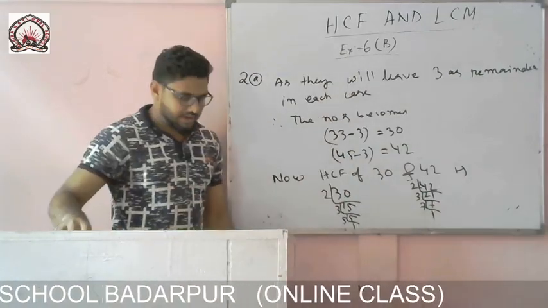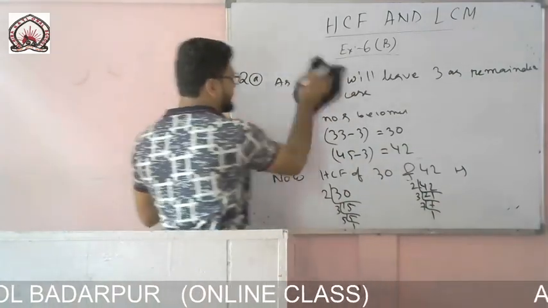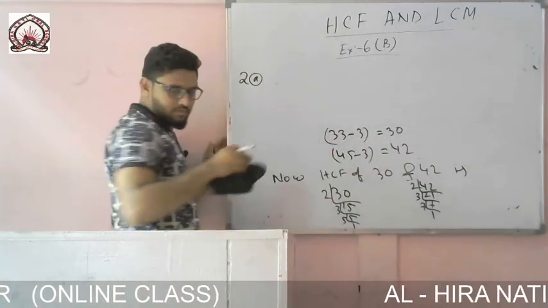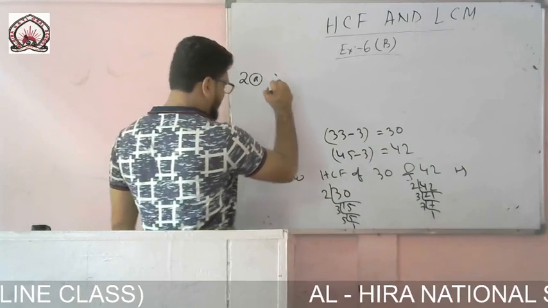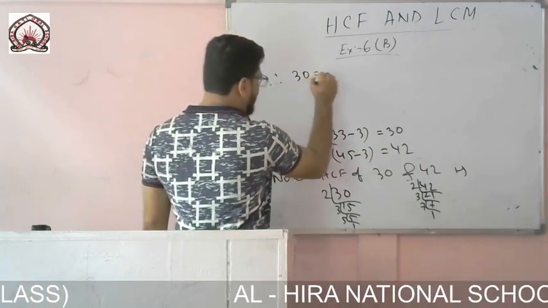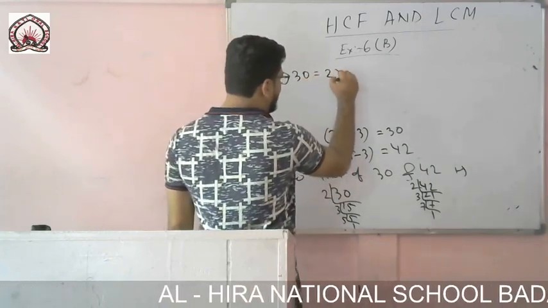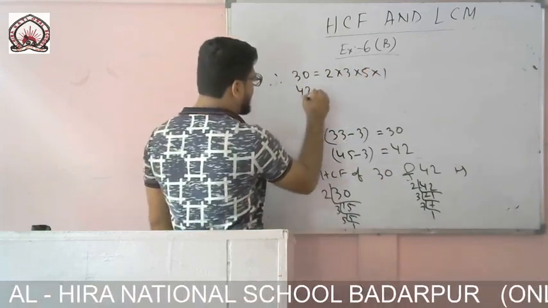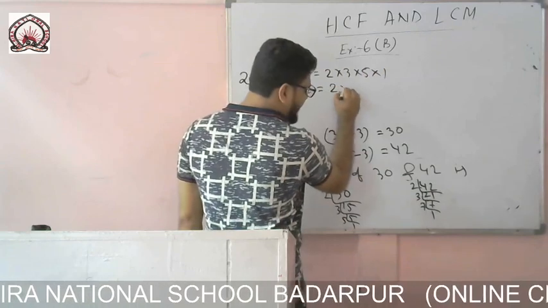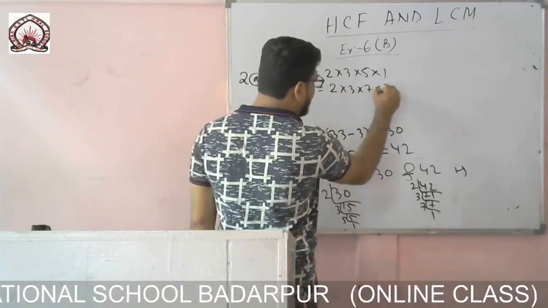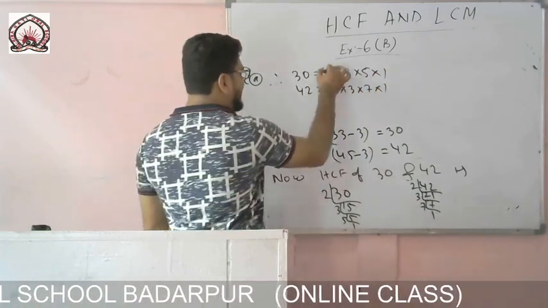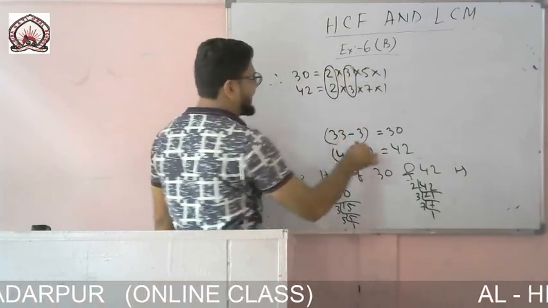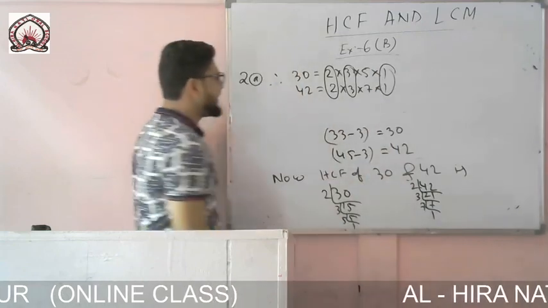Okay. Now write. Therefore 30 equals 2 into 3 into 5 into 1. And 42 equals 2 into 3 into 7 into 1. So 2 we are getting common, then 3 common, then 1 common. So write.